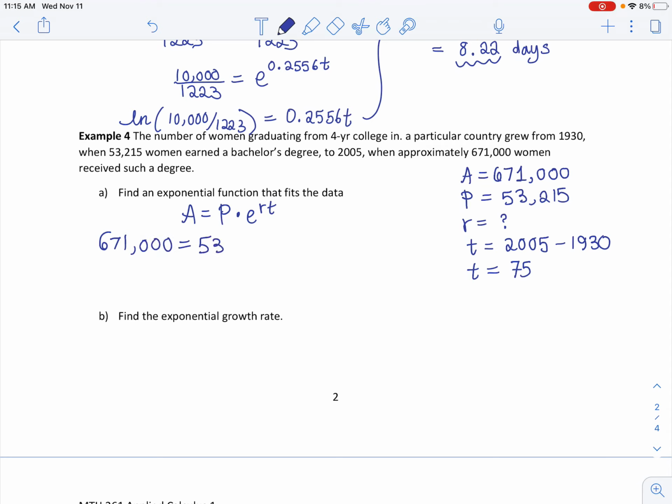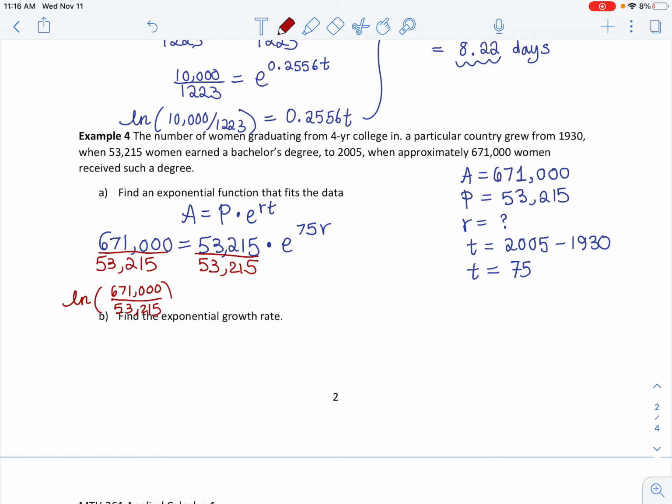671,000 equals 53,215 times e raised to the r times t. So I'll go ahead and write down 75t. I'm sorry, 75r, okay? Because r is the unknown. All right, let's divide both sides by that number. Do you guys see the similarity? They're very similar, right? And then the next step, I'm going to take natural log of both sides.